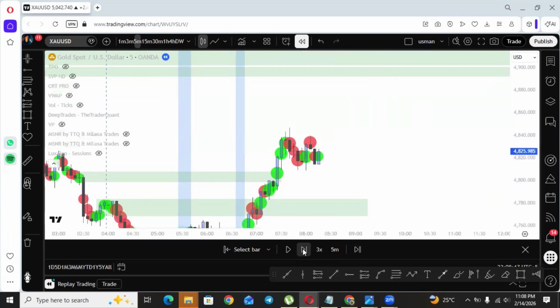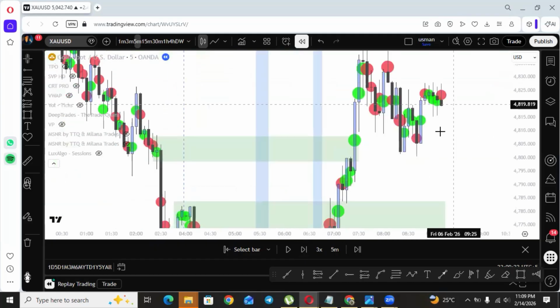So this was the kind of war situation between buyers and sellers. Sellers trying their best to take the market low. Buyers trying their best to take the market up. This was not an ideal situation for us to enter the market currently.